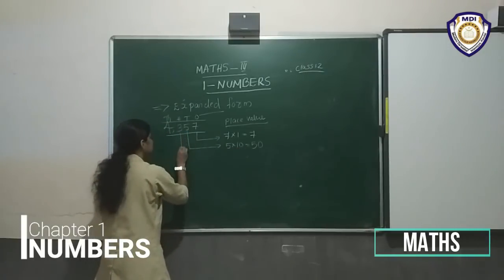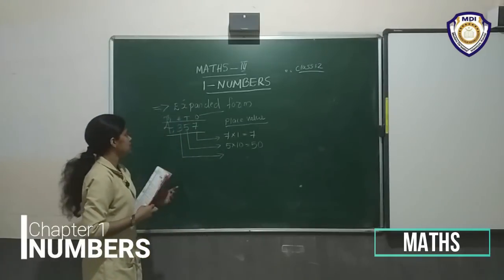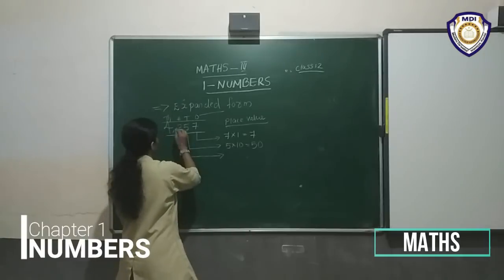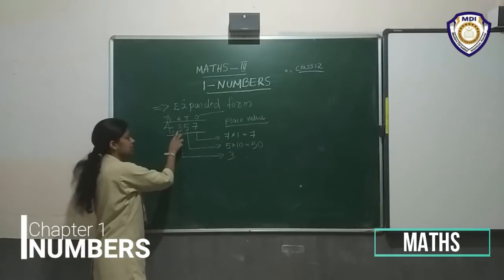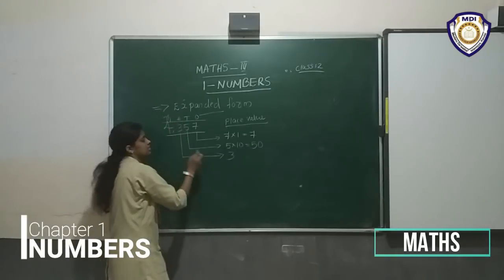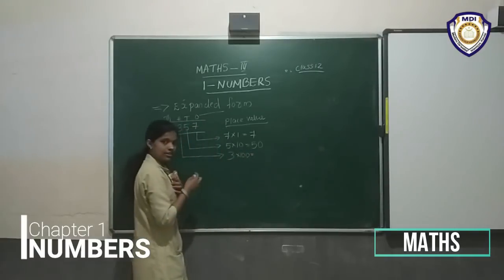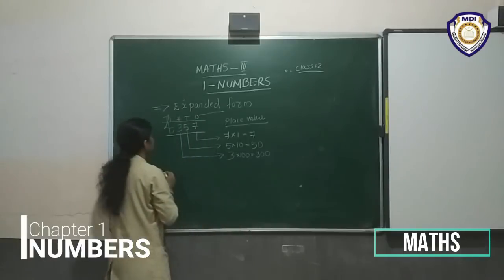Then place value of 3. 3 is in the hundreds place. 3 into 100, 300.